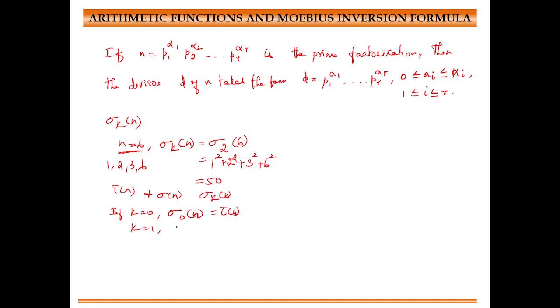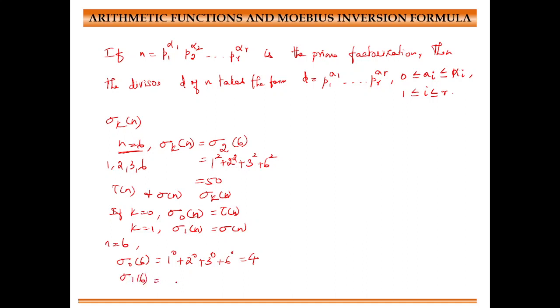If k is equal to 1, sigma 1 of n is equal to sigma of n. Considering the previous example n equal to 6, sigma 0 of 6 is 1 power 0 plus 2 power 0 plus 3 power 0 plus 6 power 0, which is 1 plus 1 plus 1 plus 1, that is 4.